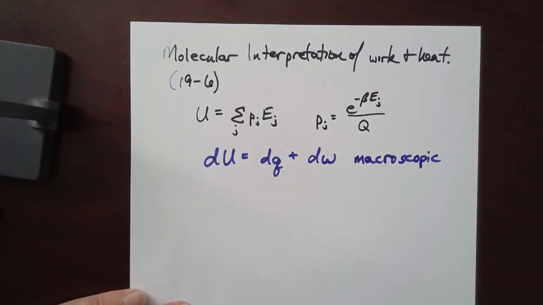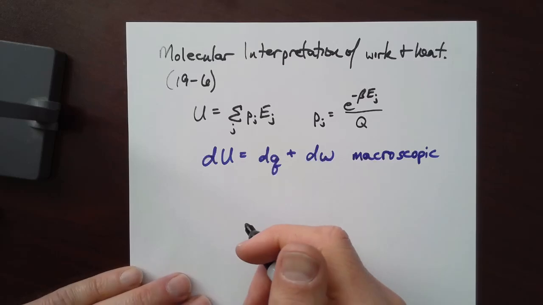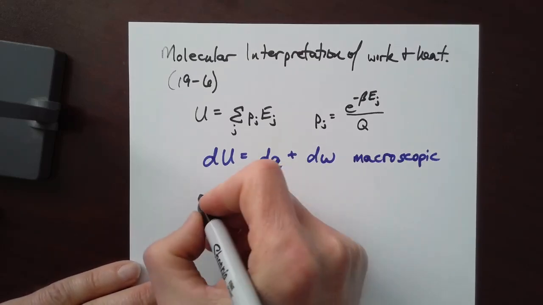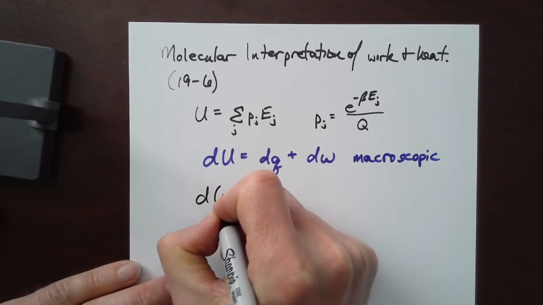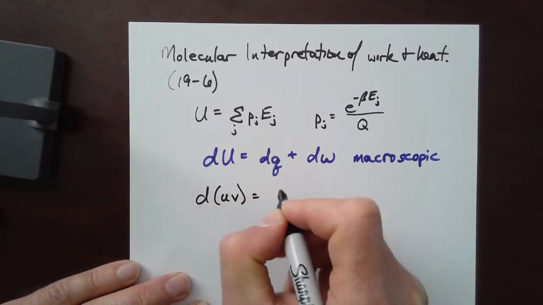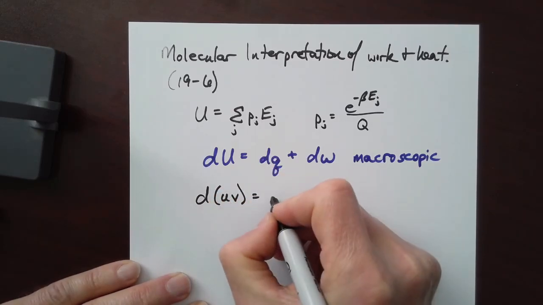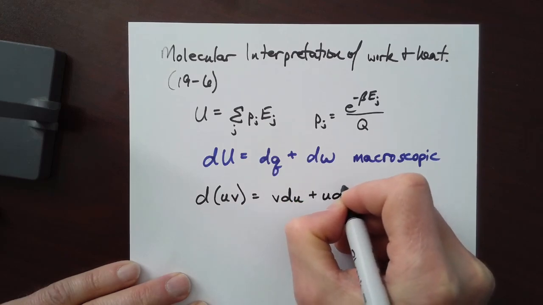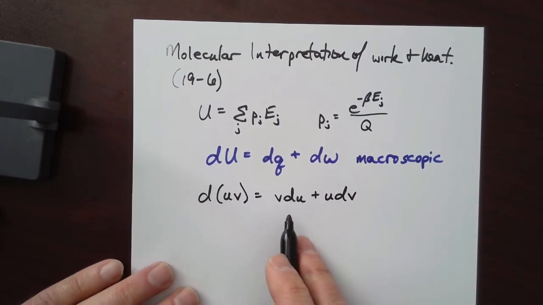Just as a reminder, if you have something like d(UV), this has to follow the product rule, so this equals V dU plus U dV.